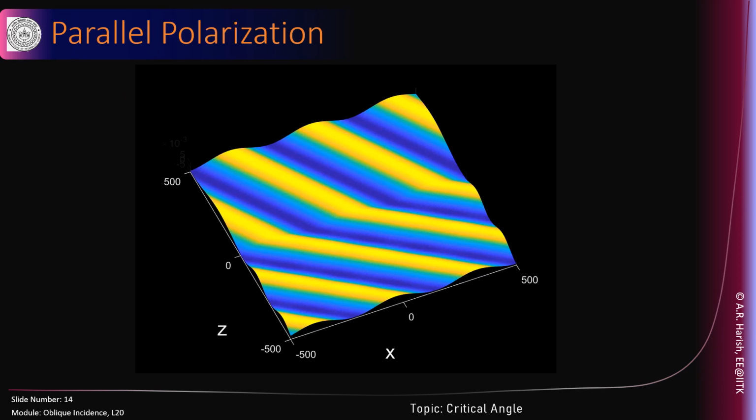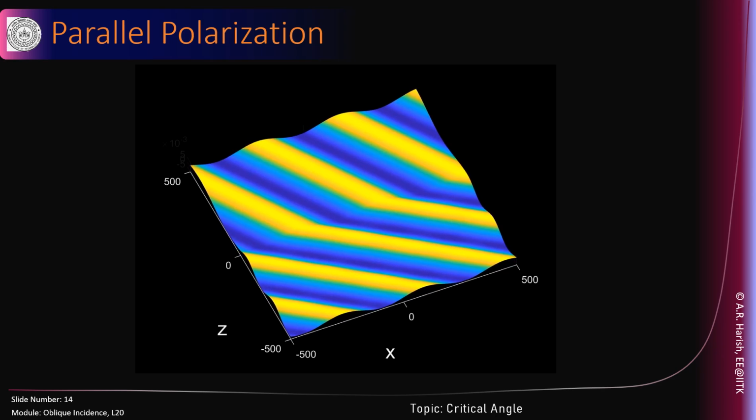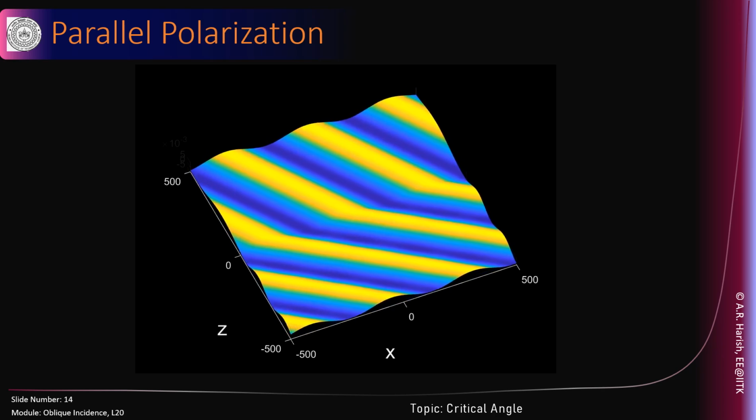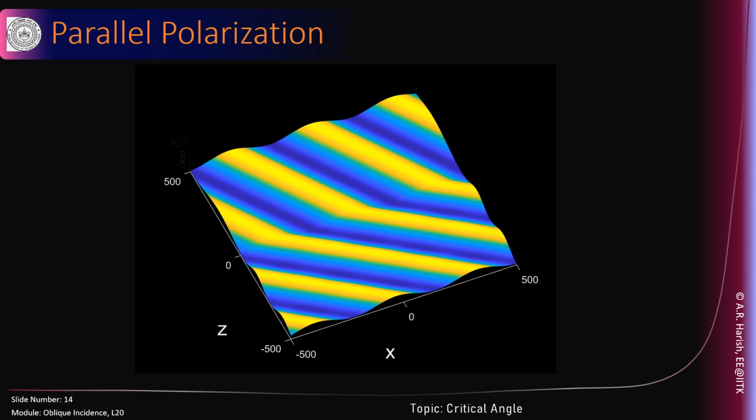Now, let us look at parallel polarization. We go through a similar exercise here. We have an incident wave and there is a transmitted wave, and yes, there is no reflected wave. How did this happen? We have an incident wave, we have a transmitted wave, the boundary is matched, and there is no reflected wave.